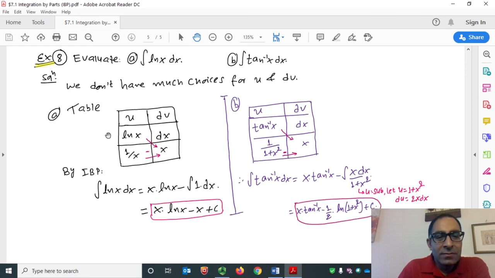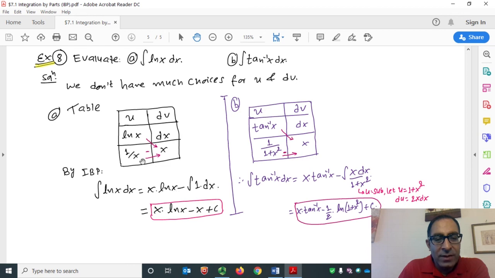So make a table, u and dv. Pick u equals ln x, then dv equals dx. Take the derivative of ln x, which is 1 over x. Take the integration of dx, which is x. And multiply the second row by negative. Then in the next step, apply the IBP. So the integral of ln x dx equals, multiply diagonally, x times ln x.